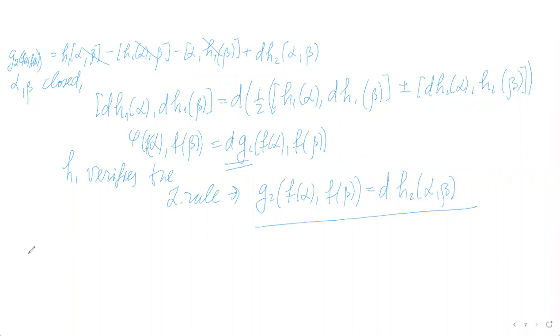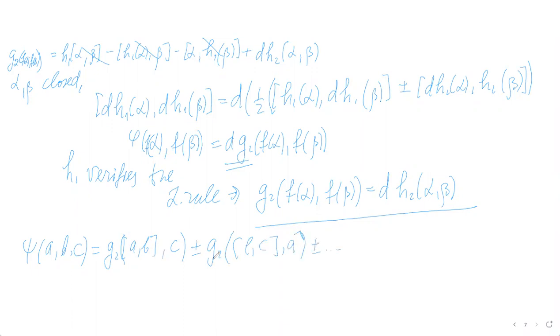So now we go forward and we consider the map psi, for instance, of A, B, and C. It is equal to the difference G2 of A, B, C plus minus G2 of B, C, A plus minus and so on.